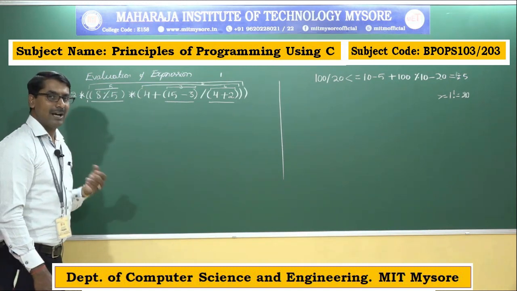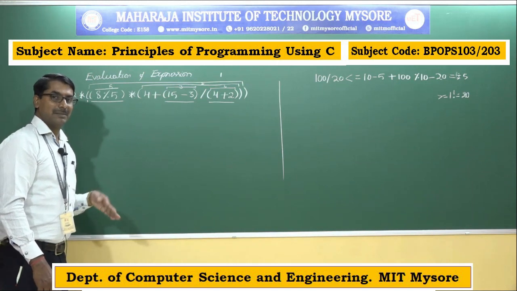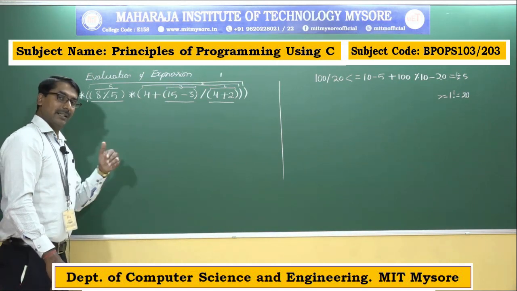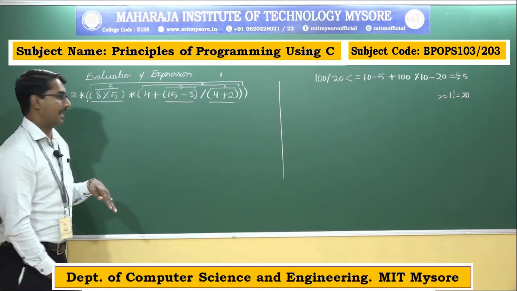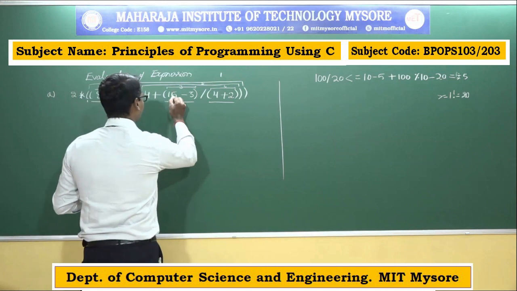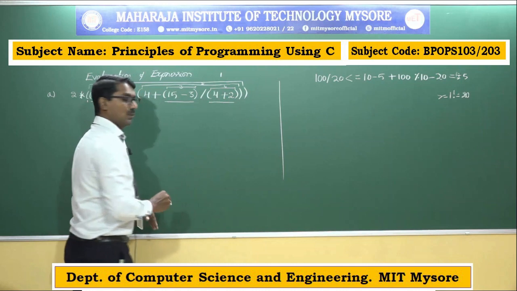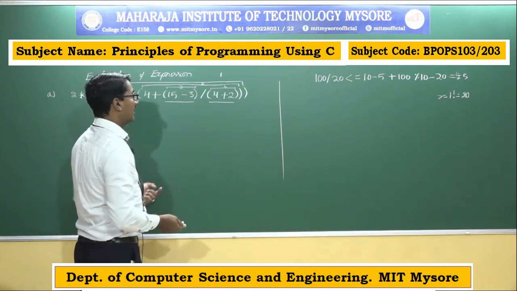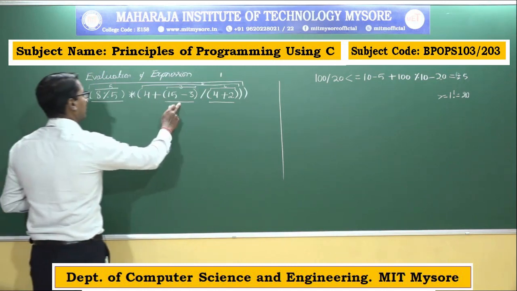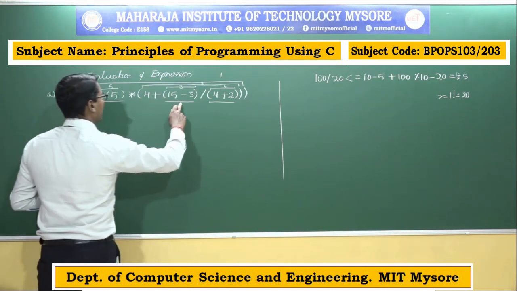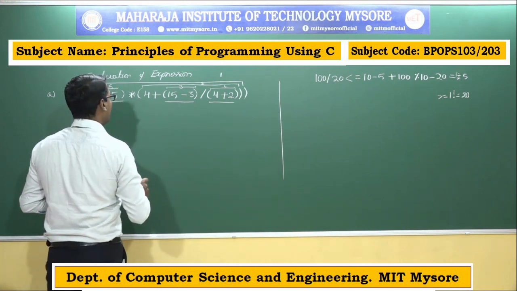So, when we evaluate the expression, the highest precedence is for the expression which is present inside the bracket, so the innermost expression gets the highest priority. So, here 15 minus 3 and 4 plus 2 get the highest precedence because these are the inner expressions. First 15 minus 3, later 4 plus 2 will be evaluated.